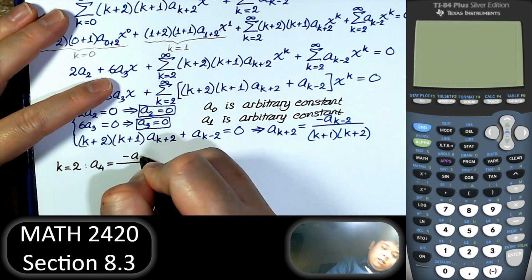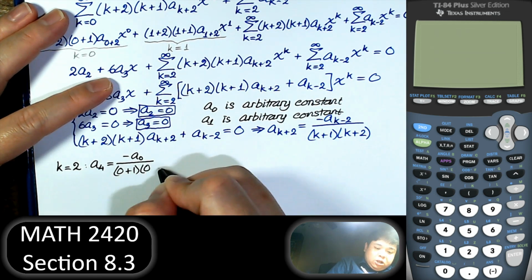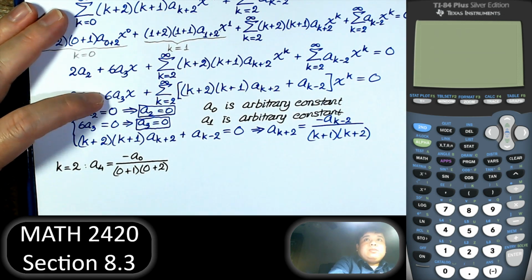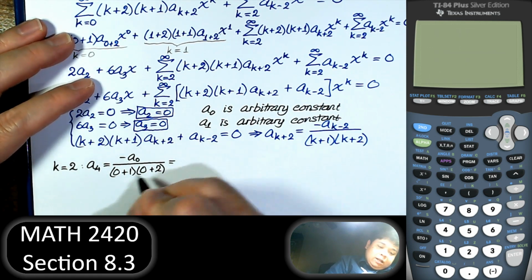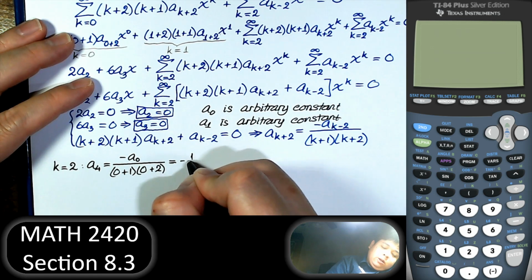Negative a naught over 0 plus 1, 0 plus 2, and that is 1 times 2, so we have negative 1/2.